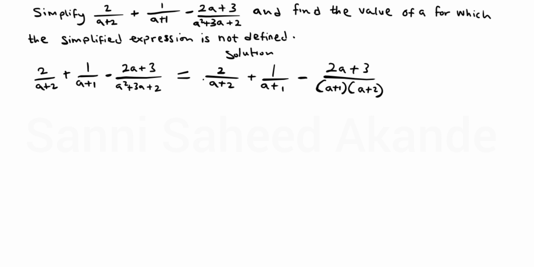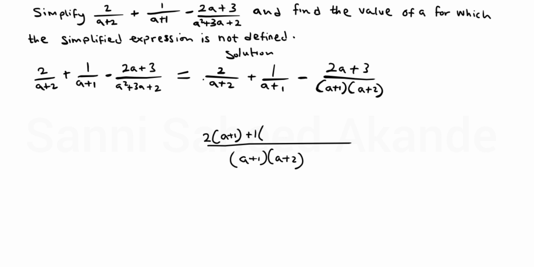At this point we are going to find the LCM of these three denominators, and the LCM is a plus 1 times a plus 2. Okay, so divide the LCM by this first denominator here, and you will note that it cancels this a plus 2 in the LCM. So we are left with 2 open brackets a plus 1. Then for the second term we have 1 times a plus 2, since the a plus 1 cancels out.